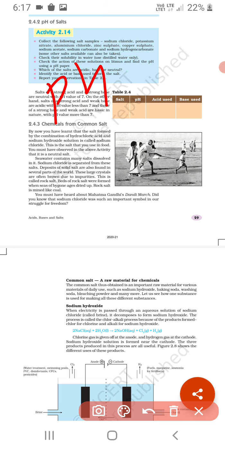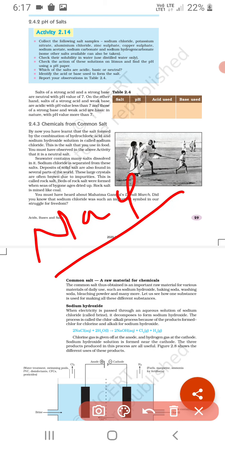Now we are going to discuss the chemicals from common salt. The common salt is NaCl. Students, we have to discuss the raw material for the given chemicals, how they are produced, and what the chemical utility of these given salts is.